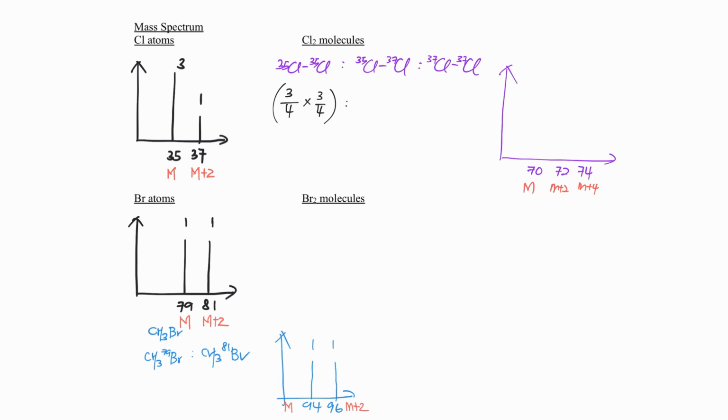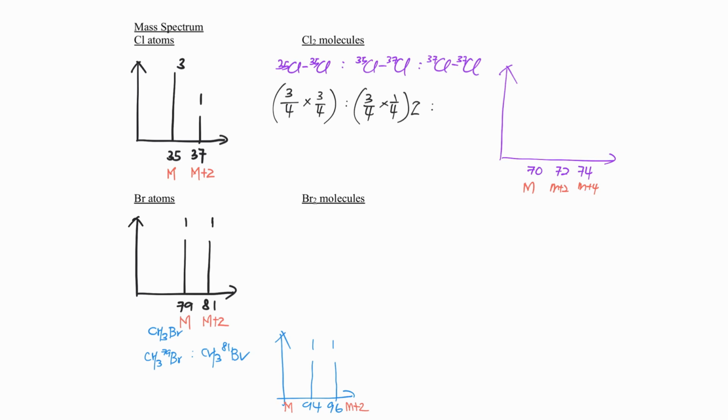Next, for the 35 and 37 molecule, we have 3 out of 4 for chlorine 35 and 1 out of 4 for chlorine 37. We can switch the positions to have 35, 37 and 37, 35, therefore we multiply by 2.